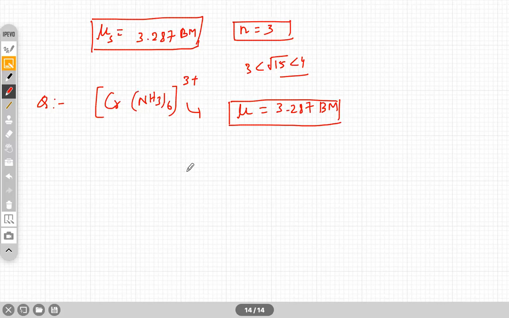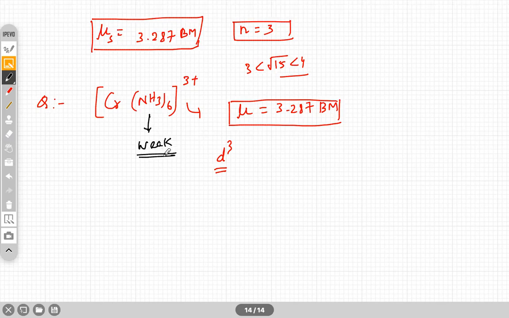And one more thing, in coordination complexes, d3 you don't consider; hybridization is not possible. We are not getting d3 hybridization here. But when they ask you this question, they'll give you the magnetic moment value. With this, you will have the idea of how many unpaired electrons we should have. So here also my point is, it is behaving as a weak field ligand.